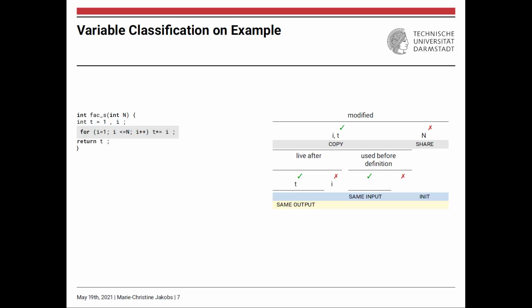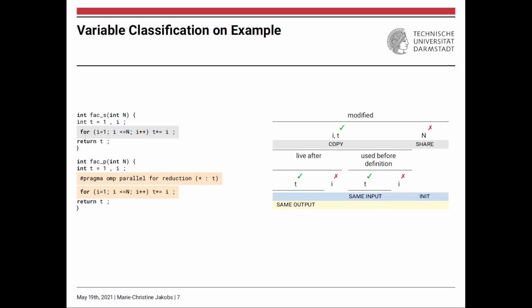There we see that in the loop body we have a statement that assigns t with the value t times i. So this means t is actually used before definition in this case. In contrast, the first thing our for loop does is to initialize variable i with value 1. So it's not used before definition.